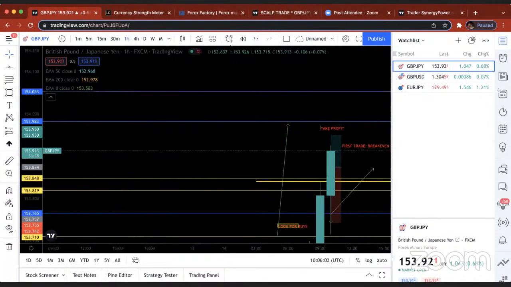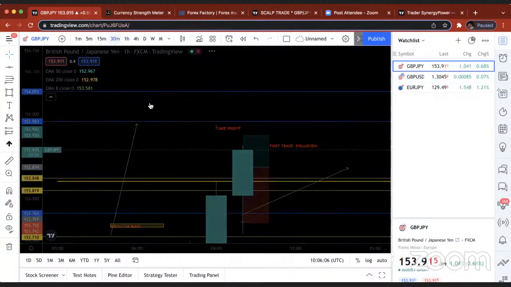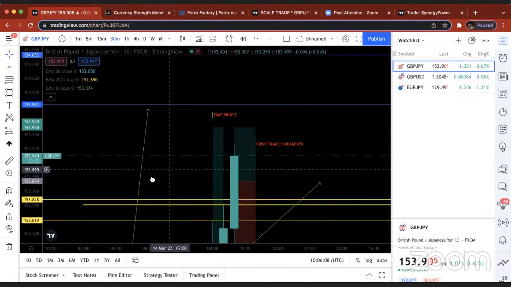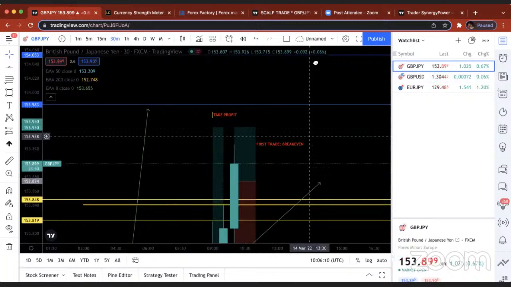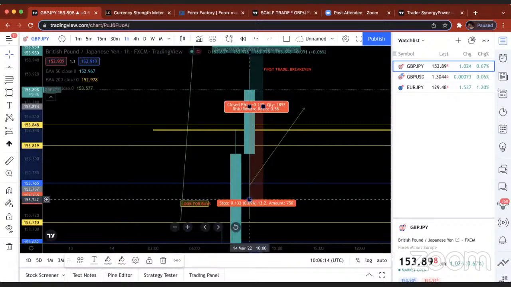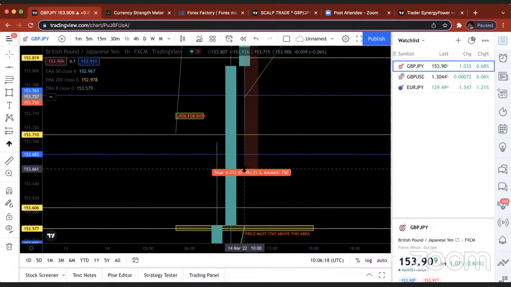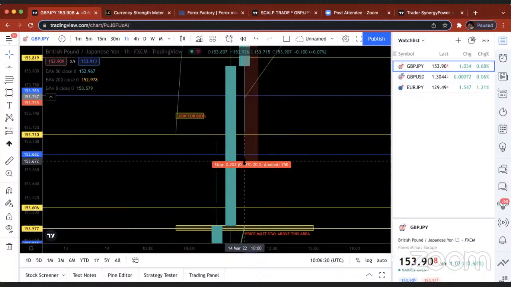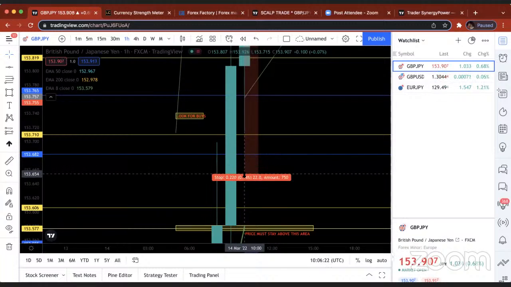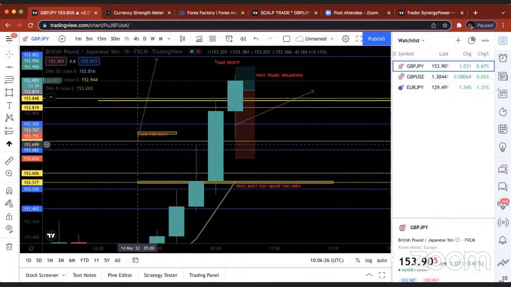This is the only thing though, because it's approaching my initial take profit target. Let me see where the stop loss should go. Definitely below this wick. And I'll probably do maybe 20 pips. All right, maybe 22, just to give it a little space under that 4-hour zone.